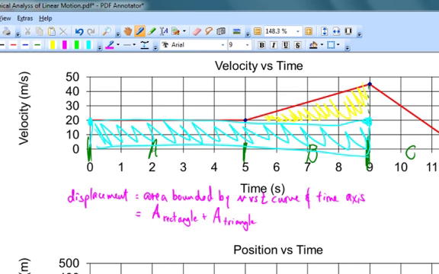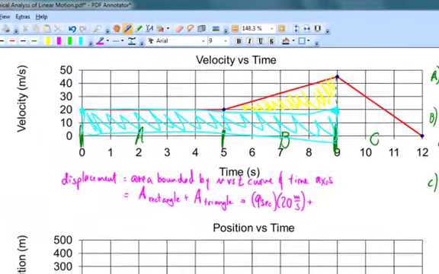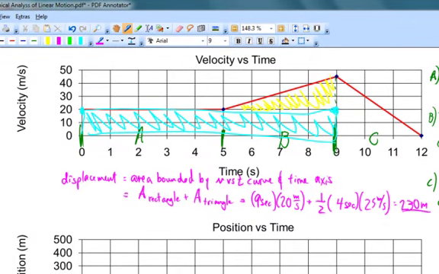In this case, the base is 9 seconds long and the height is 20 meters per second. For the triangle, I have a base that's 1, 2, 3, 4 seconds long and a height that starts at 20 and goes up to 45, so the height is 25 meters per second. I find that during the first 9 seconds, the object travels 230 meters.